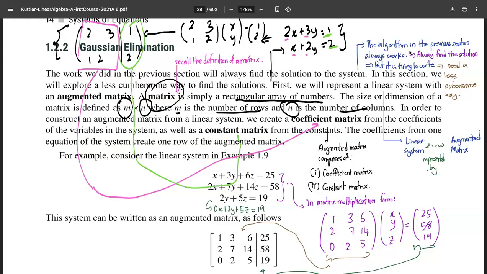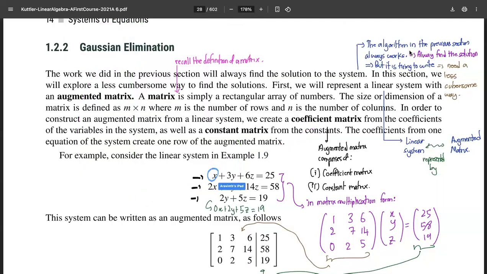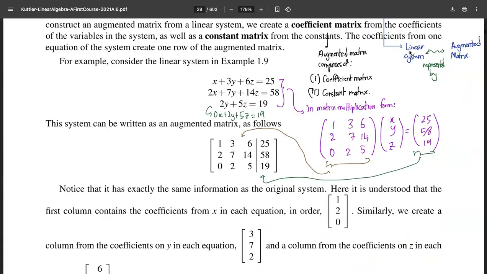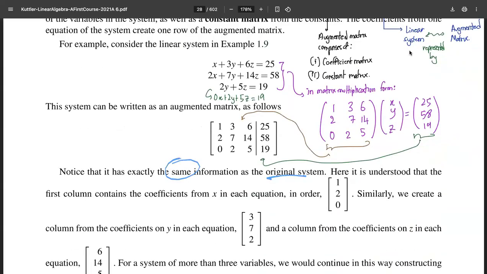So the idea is that we have the same information as the original system, and once we know what x, y, and z are associated with, we don't want to repeat it 10,000 times while we are doing our elementary operations. So we store the information in a way which is easy to keep track of what's going on, and we throw away parts that we can just add on at the end, like x, y, z.